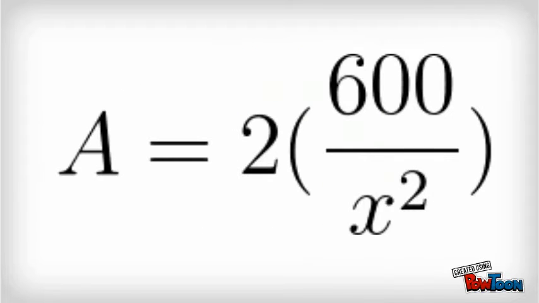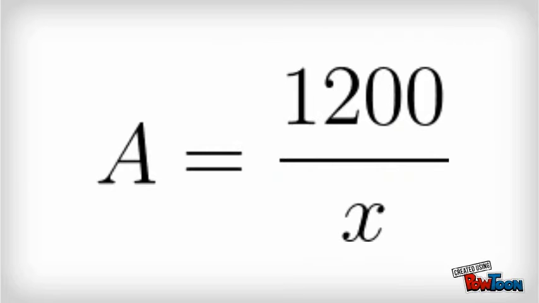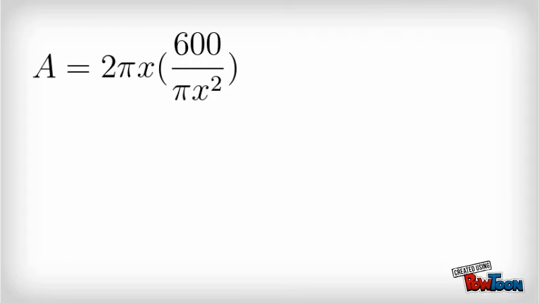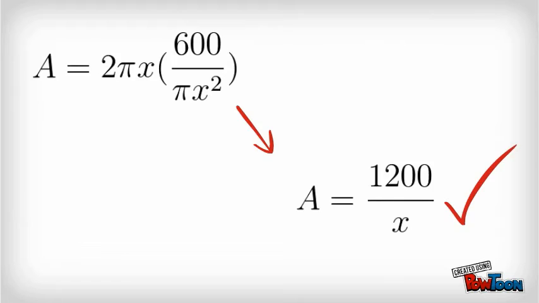However, we can simplify it even more by multiplying 2 times 600. As a result, it will look like this: A equals 1200 over x. That will be the simplest form of A equals 2πx times 600 over πx to the power of 2.